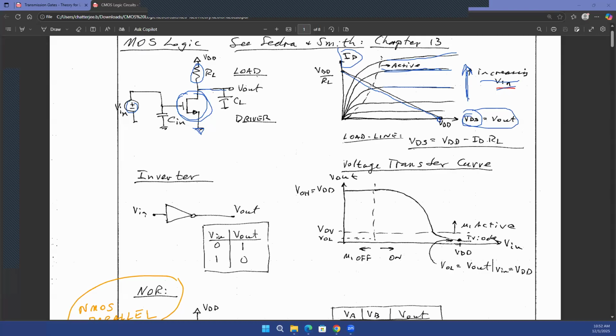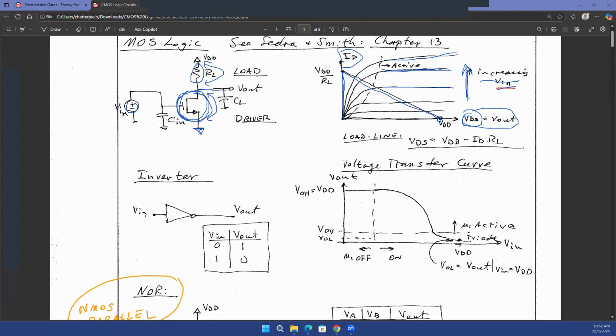On the other hand, you can have the drain to source voltage of the MOSFET equal to 0. Then the current flowing through RL is going to be VDD over RL, because there are only two voltage drops here. One voltage drop is across RL, and the other is across VDS.